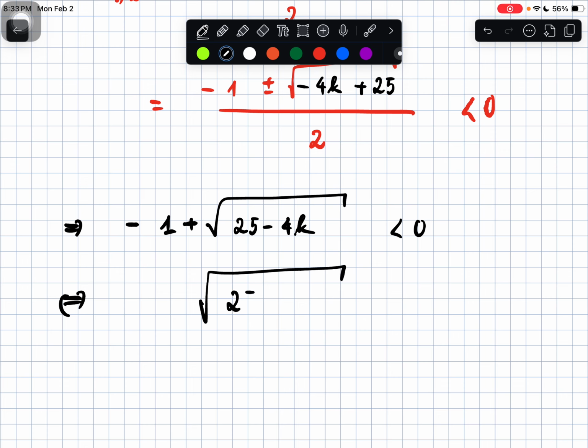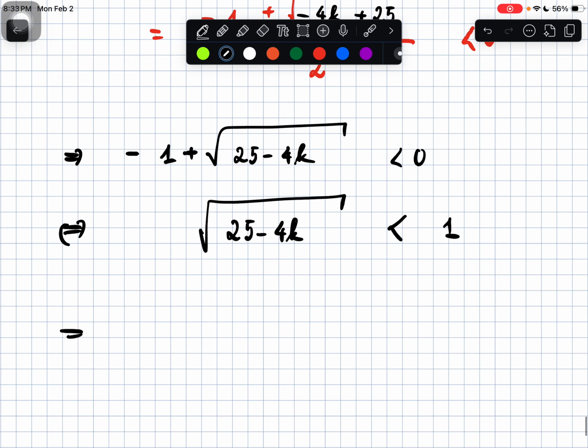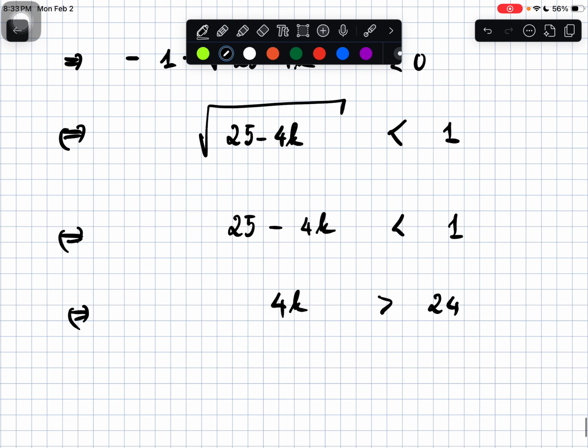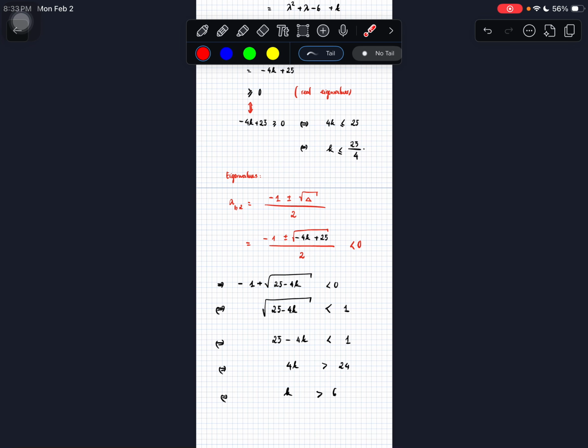Root 25 minus 4k is less than 1. Squaring both sides, 25 minus 4k is less than 1, so 4k is bigger than 24, k is bigger than 6. So here's the second condition, for negative eigenvalues.